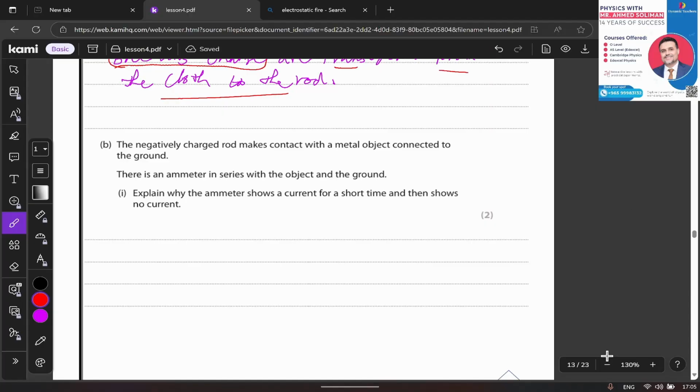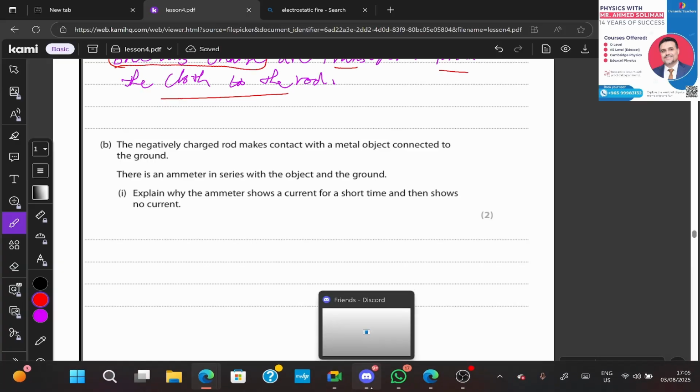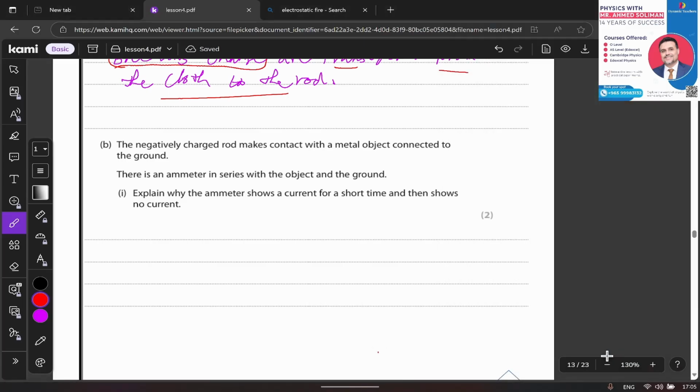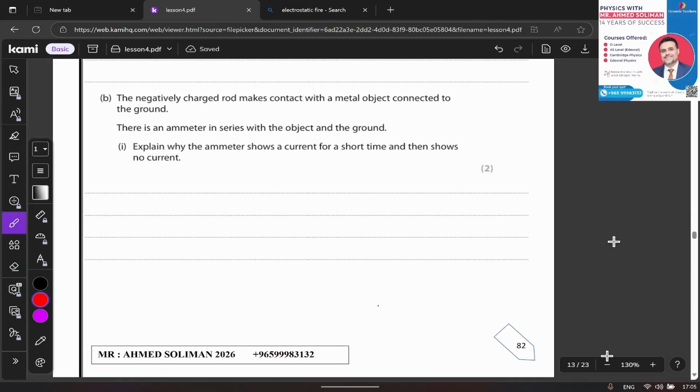Now the next. The negatively charged rod makes contact with a metal object connected to the ground. There is an ammeter in series with the object and the ground. Explain how the ammeter shows a current for a short time and then shows no current. Do you know what happened in this type on the second example? The negatively charged rod makes contact with a metal object. So for example, we have this is negative, right?